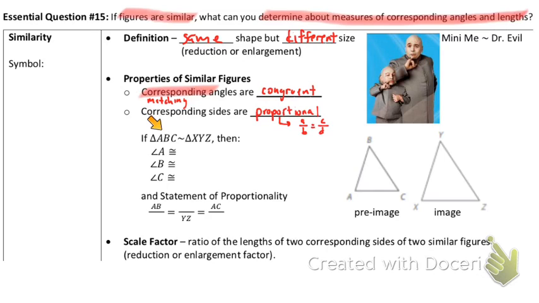So in this case, we have triangle ABC, which we are calling the pre-image. Think of pre-image as the original or old shape. So this is the old triangle, and the image is the new triangle.